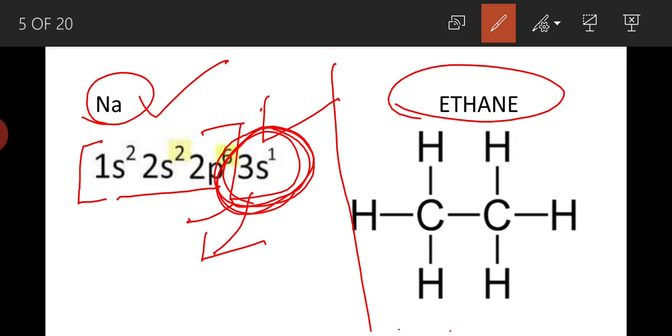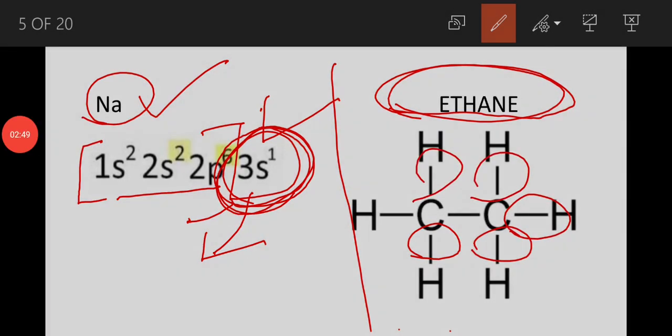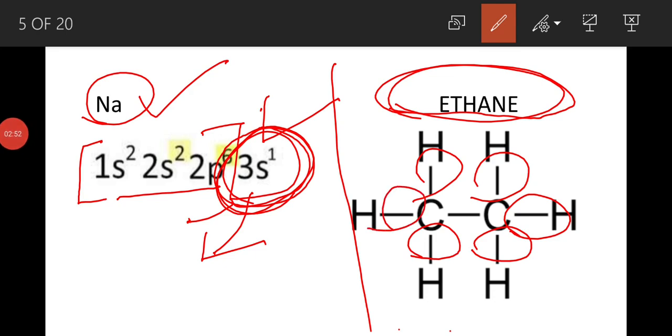Whereas if we go through the structural formula of ethane, in the ethane molecule all the electrons are participating in bonds and they are tightly involved in the bond formation. So in this structure there is no free electron.